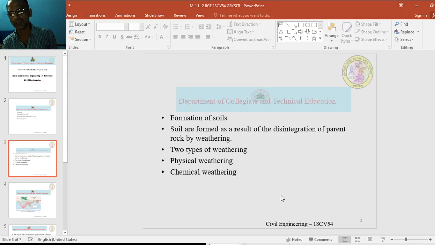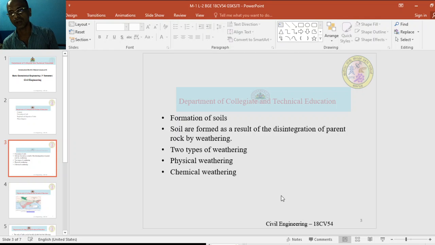Next, based on whether the formed soil is resting on the parent rock or whether it has moved to some other place, it is again classified into two types. One is called residual soil, another one is called transported soil.